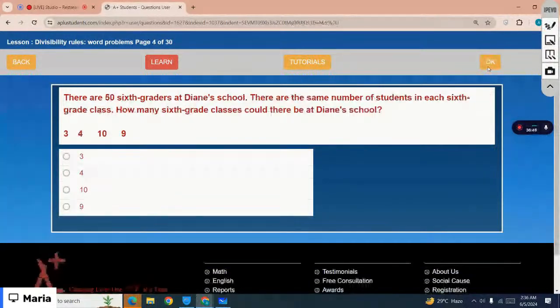There are 50 sixth graders at Danny's school. There are the same number of students in each sixth grade class. How many classes could there be at Danny's school?